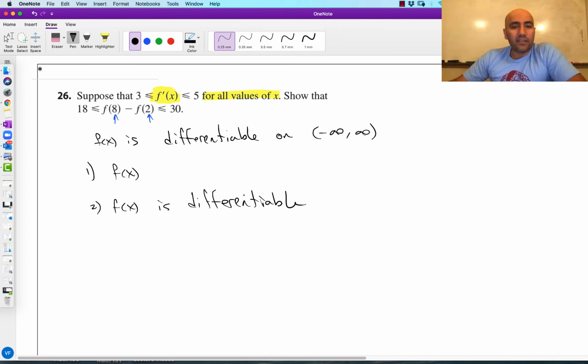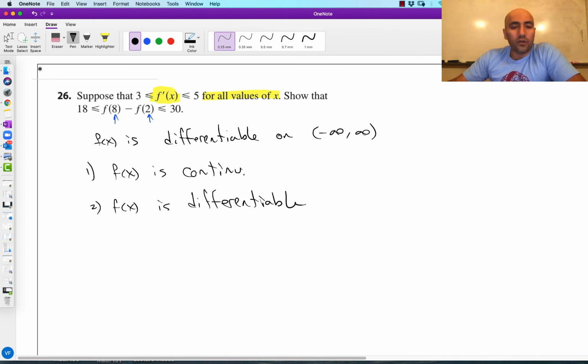Differentiable implies continuous, right? If you know something is differentiable, you know it's continuous. The other way around is not true. If you know something is continuous, you don't necessarily know that it's differentiable because of the possibility of those sharp corners. But if something is known to be differentiable, then it is known to be continuous.